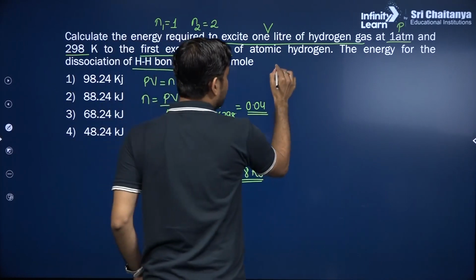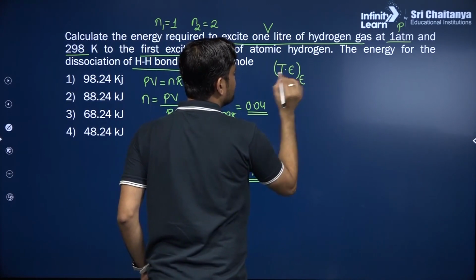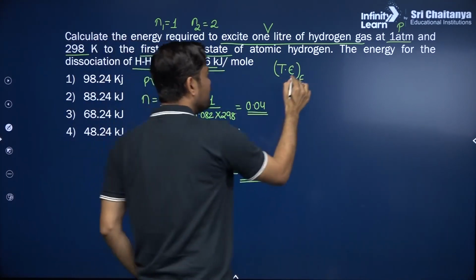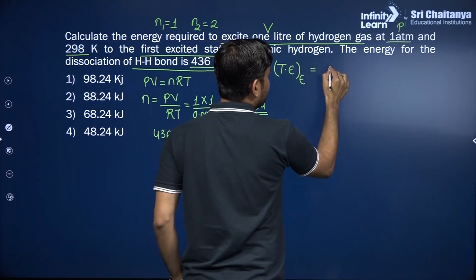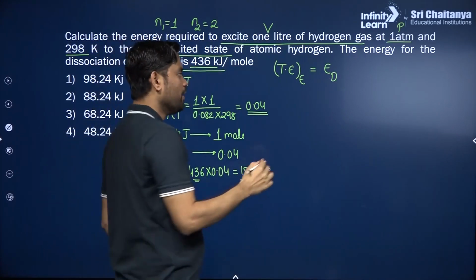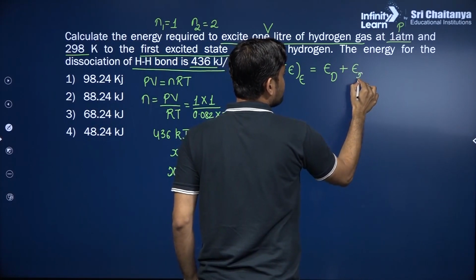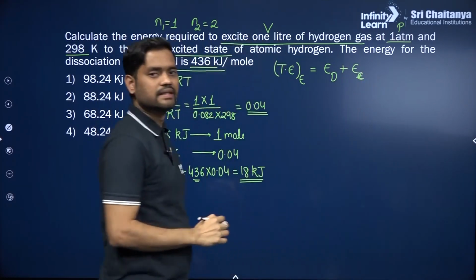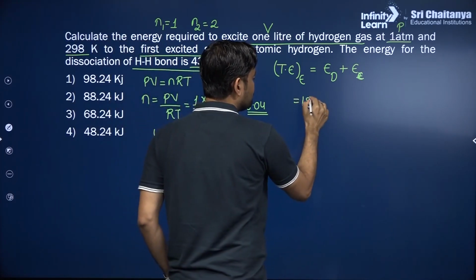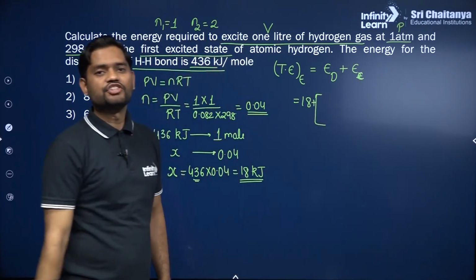So, the total energy required to excite an electron will be equal to the bond dissociation energy plus the energy of excitation, the first energy of excitation. Clear? So bond dissociation energy we have equal to 18 kilojoule per mole plus its energy of excitation.